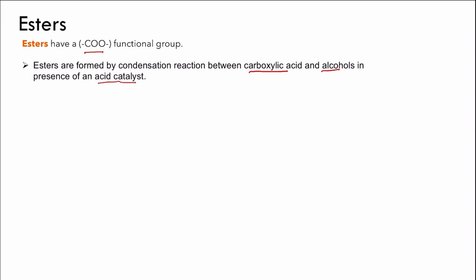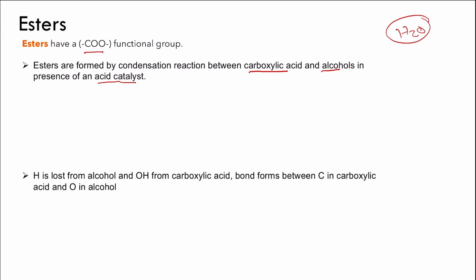When you have a carboxylic acid and an alcohol, they can react together in a reaction called a condensation reaction. Condensation means removal of a water molecule. So you remove a water molecule from the structure and you get the product, which is an ester.